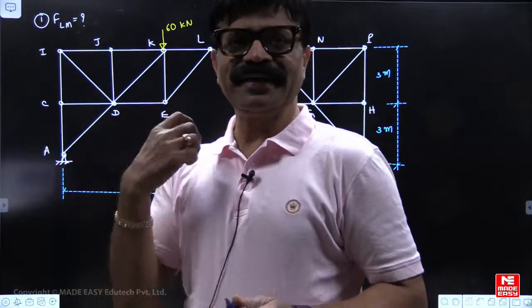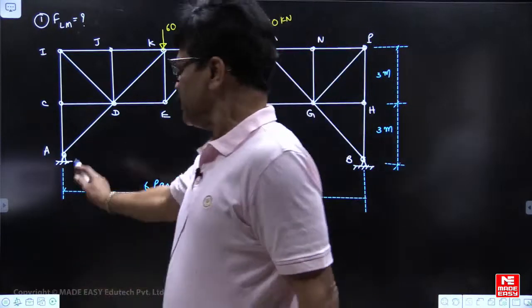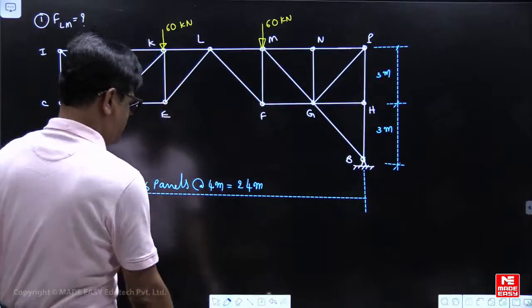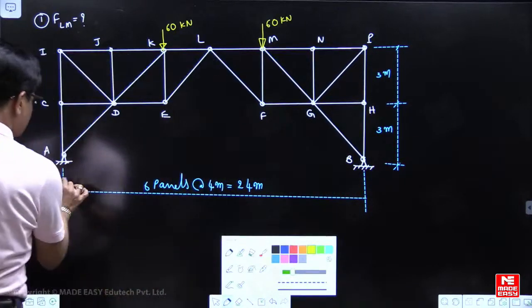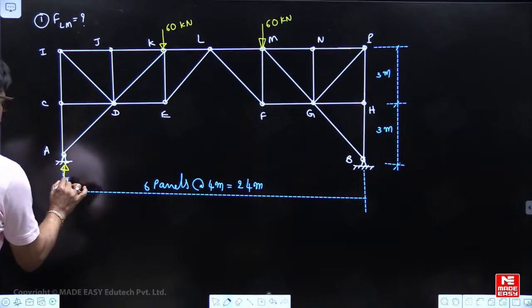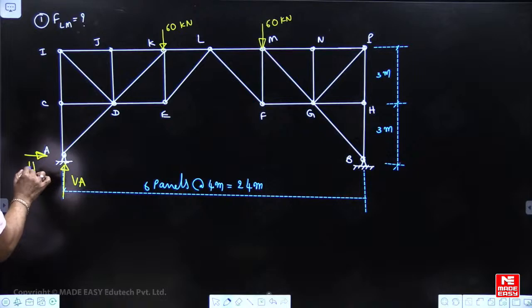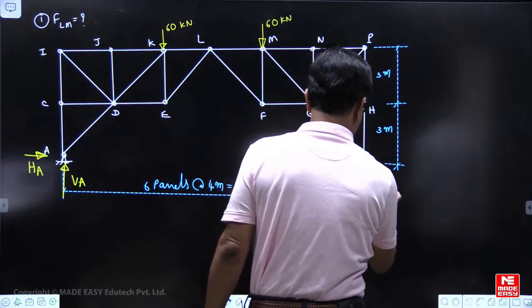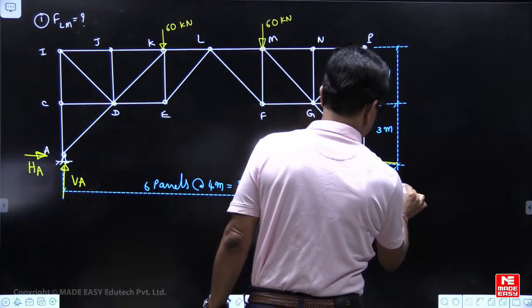So what is our line of thinking in that? First, you have to see how many reactions there are. There are 4 reactions, because there are 2 hinge supports: VA, HA, VB, HB.